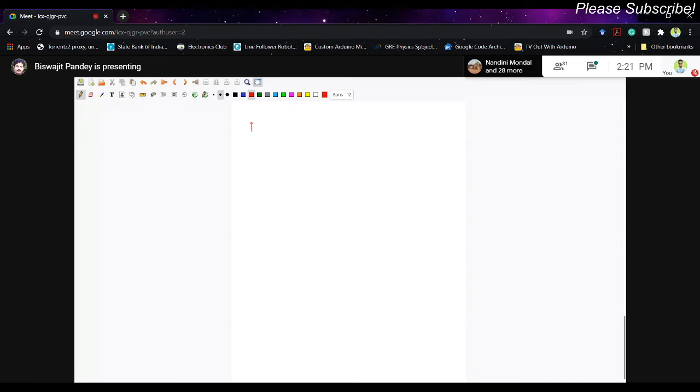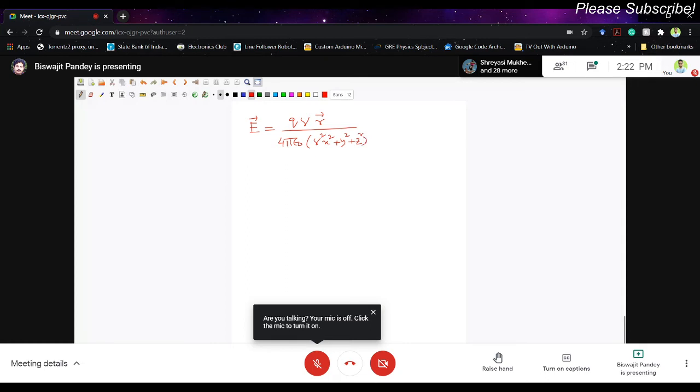In the laboratory frame, E will be q times gamma times x x-cap plus y y-cap plus z z-cap, that will become r, divided by 4 pi epsilon 0, and then since the Vt term is 0, gamma square x square plus y square plus z square, whole to the power 3 half.